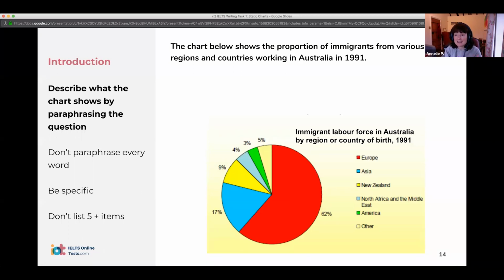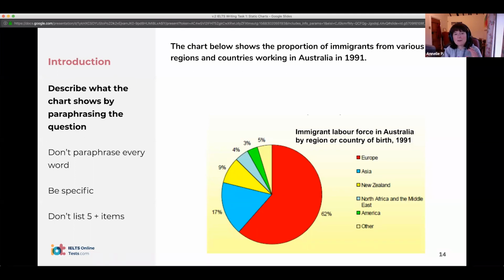Don't just list everything. You can talk about the categories as a whole. You don't have to list all of them. You could, however, if you are low on the word count, add in the names of all of the countries, and that might give you a little bit extra. It's a question of word count versus timing on that one.